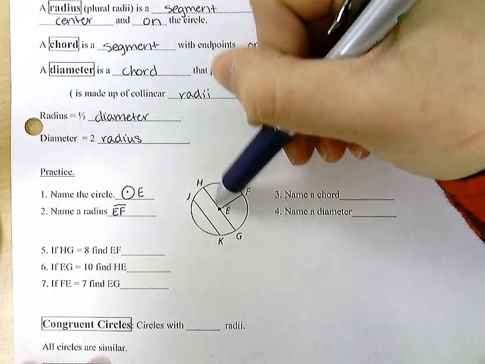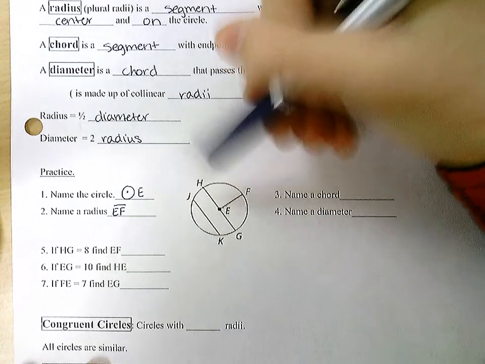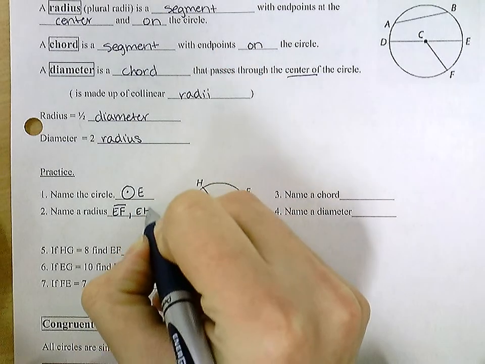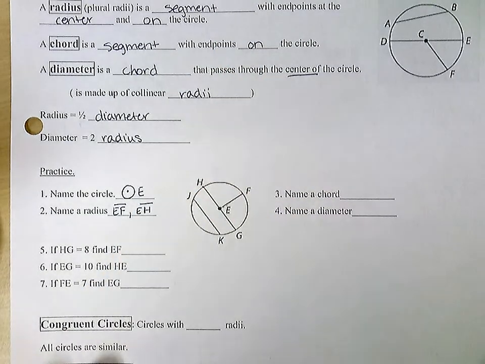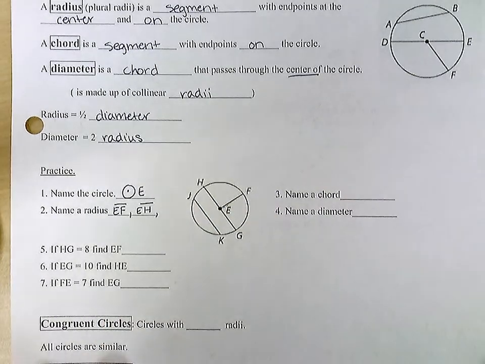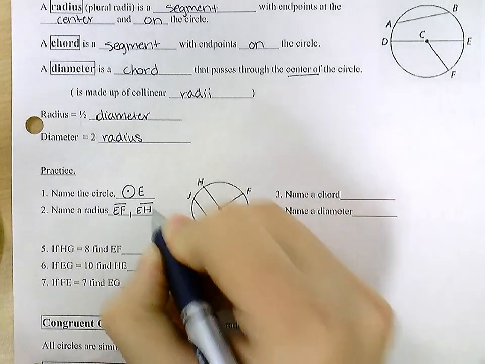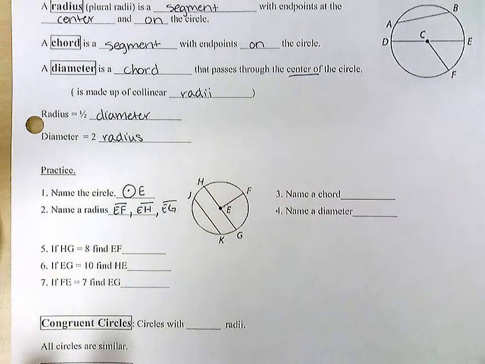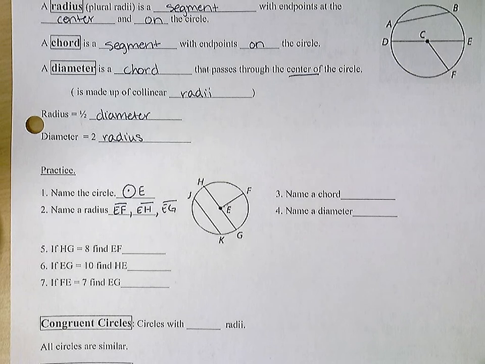Another one from the center to a point on the circle would be EH. Then the last one you could have is EG. Those are the 3 different radii within that circle. You do have problems like this on your assignment. For those ones, you just have to name one of them. You don't have to always name all 3.